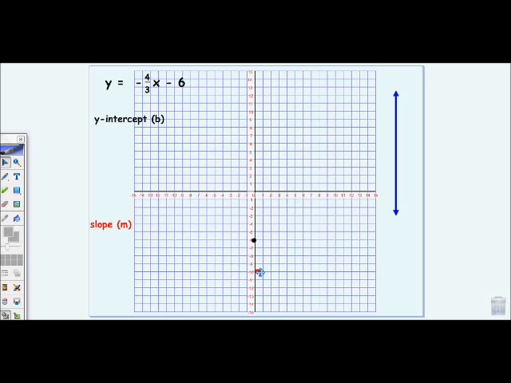Then I'm going to go run positive 1, 2, 3. Or I could have also gone up 4, 1, 2, 3, 4, and over to the left 3, and that point would have been here. When I connect my points, I'm going to have my equation of my line.